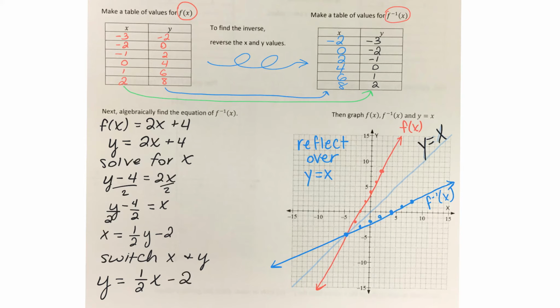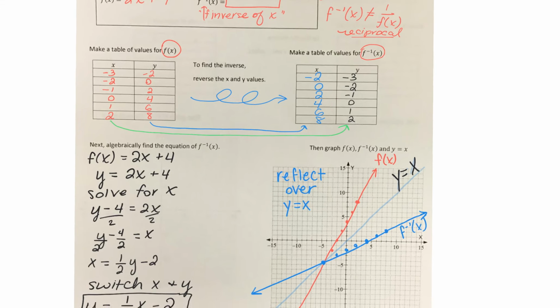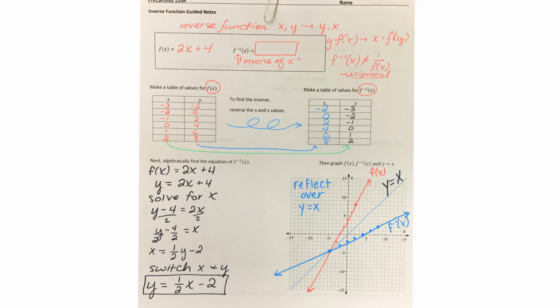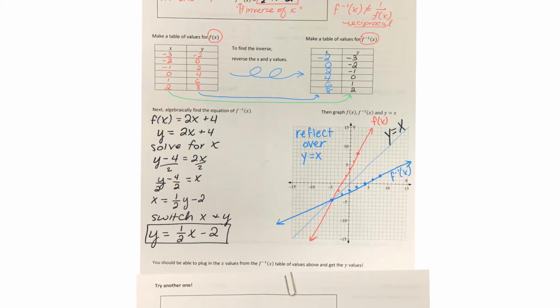And that is the final inverse function. So I'm going to come back up here to the top. Remember I said we would look for this f inverse of x function later. And now I've got it. It's 1/2 x minus 2. That's what it looks like.